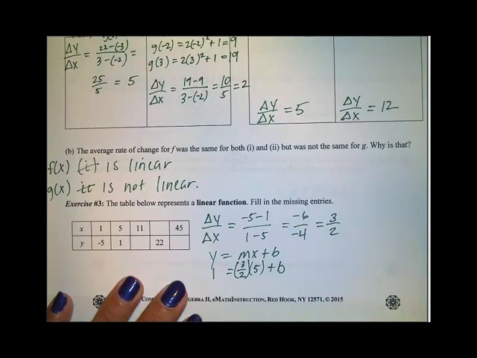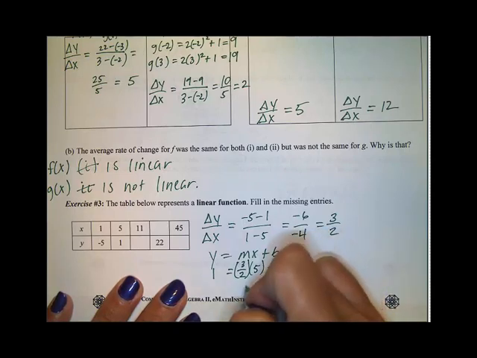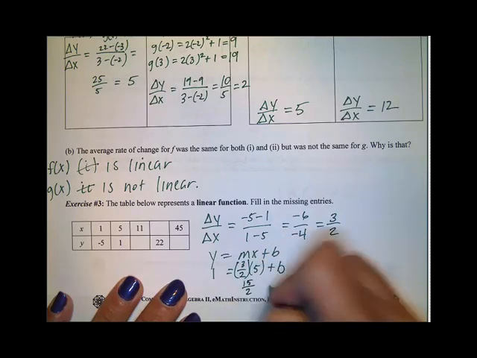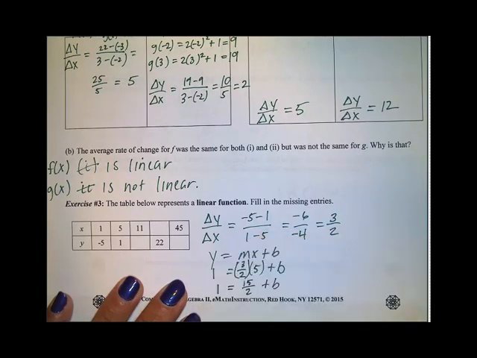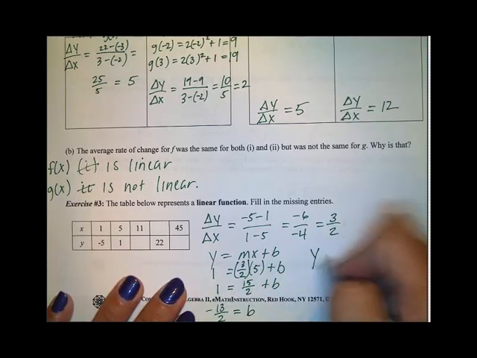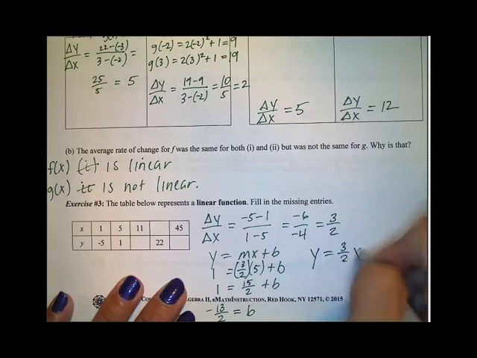So in my calculator, or in my brain, I do 3/2 of 5, and I get either 15 over 2 or 7.5. And then I subtract it over, so I end up with -13 over 2 equals my b value. So my equation is y equals 3 over 2x minus 13 over 2.